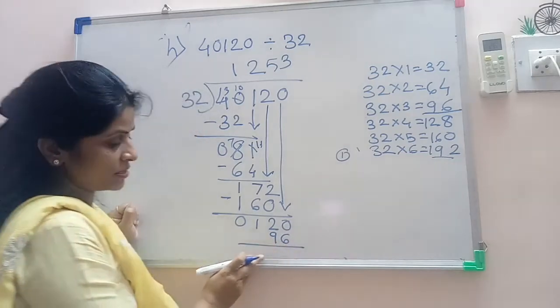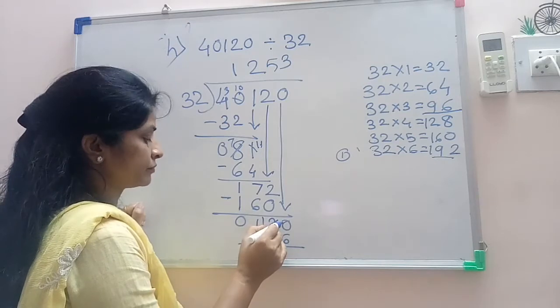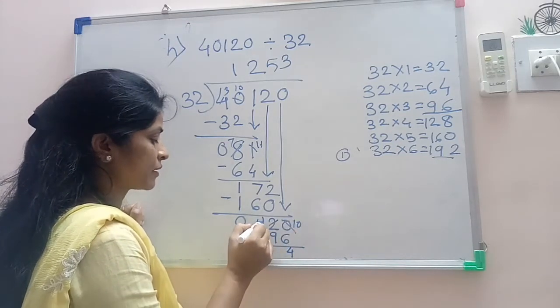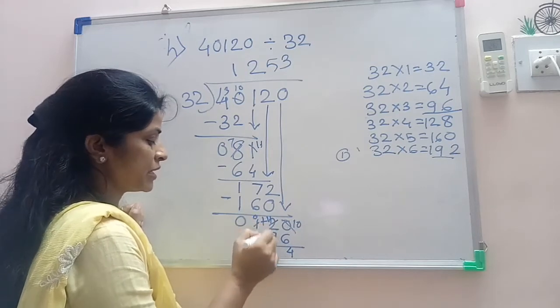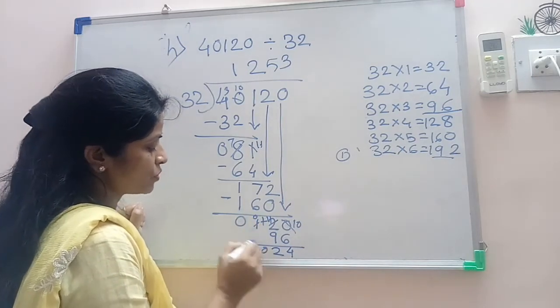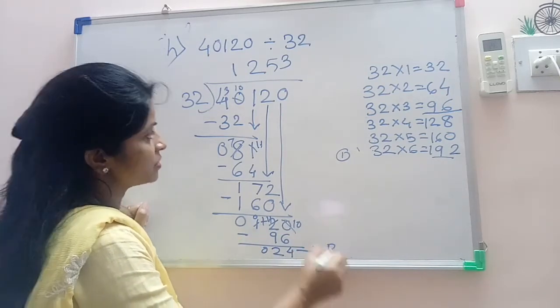Now we will subtract this. Regroup the number. That becomes 4. Now 11 minus 9 is 2, 0. Now 24 is the remainder.